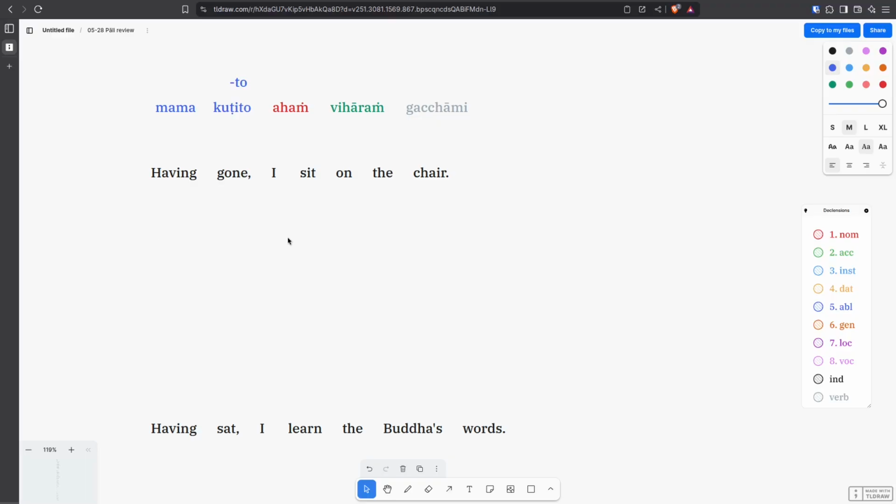That's right. So we have to take gacchati, the verb, and put it in the absolutive. It's gacchetva. A good try, but in this case it's gantava.